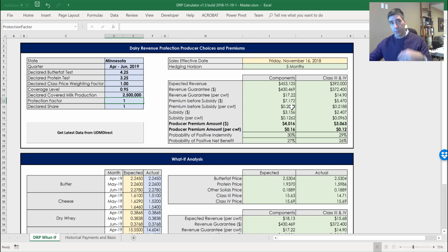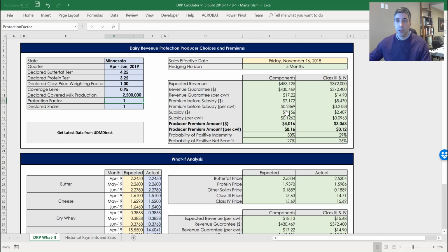And then because this is a federally mandated crop insurance program, the federal government pays for part of your premium through subsidies. In particular, for 95% coverage level, they will pay for 44% of the total premium amount.